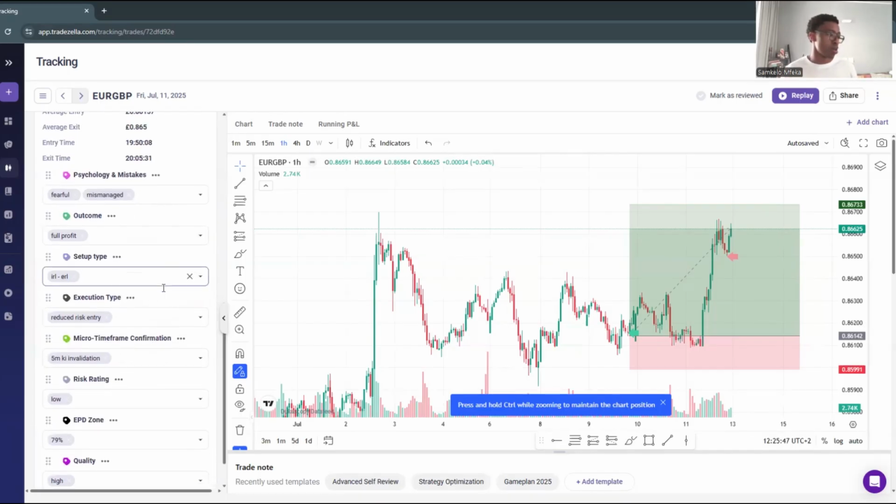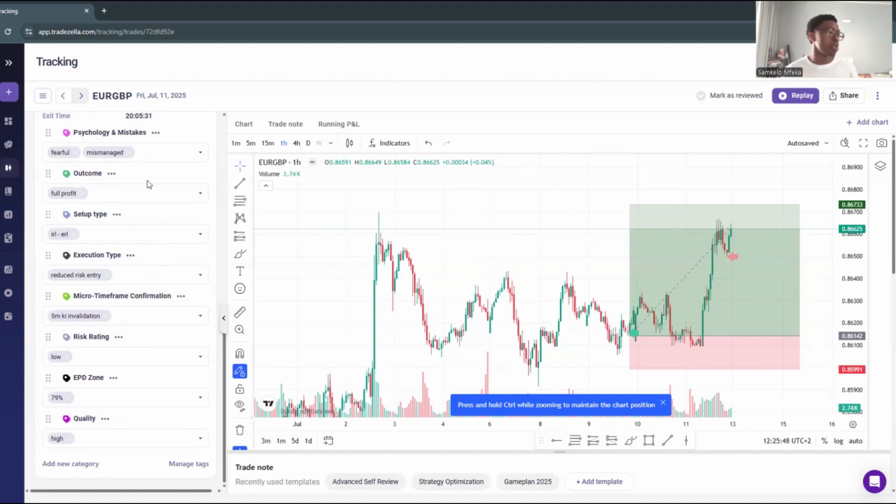I think the tag elements of it are probably the most important, because this allows you to then view custom reports that TradeZilla produces for you, where you can combine any number of these tags to then identify relationships between them and particular outcomes.